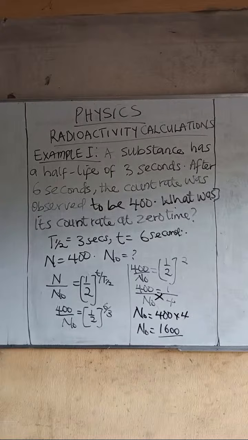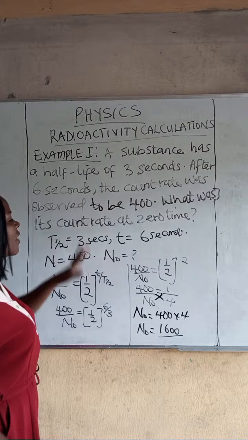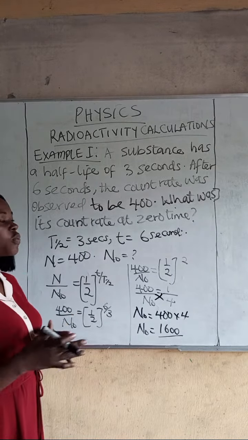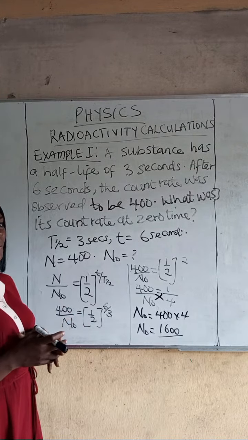Okay, let me explain again. A substance has a half-life of 3 seconds. Then after 6 seconds, the count rate was observed to be 400. What was its count rate at 0 time?